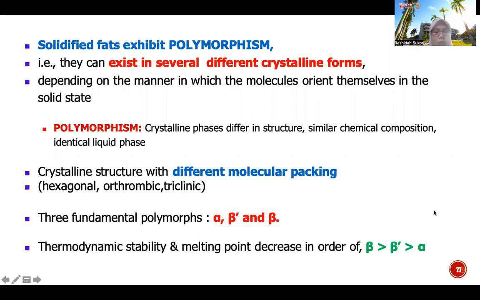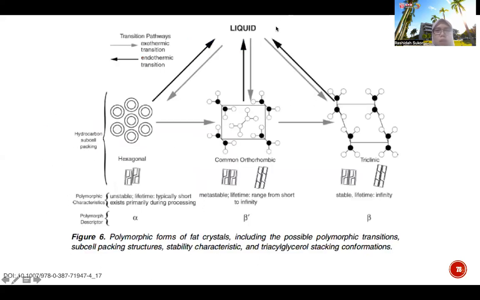So in terms of thermodynamic stability and melting point, they decrease in order of beta, beta prime, and alpha. So beta will be the most thermodynamically stable, as opposed to beta prime and alpha. Okay, let's look here.